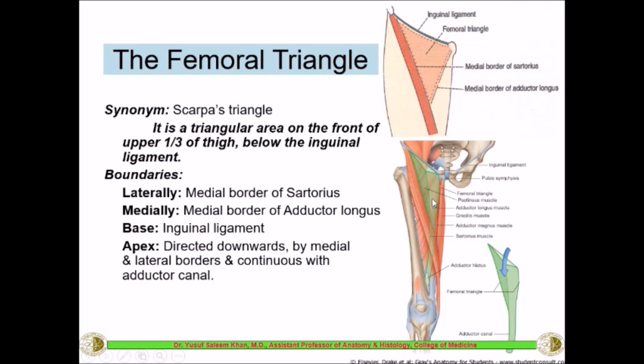Some of the contents will come through this canal into the femoral triangle. So this canal here is called the adductor canal. The apex of this femoral triangle will continue as the adductor canal. Here you can see this is the femoral triangle, and the apex is continuing as the adductor canal.